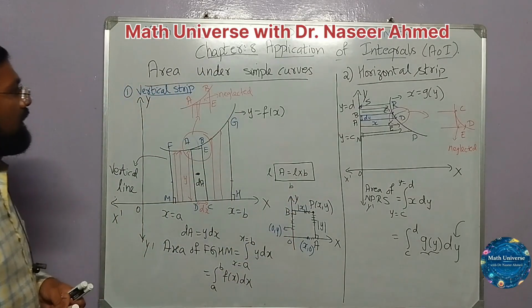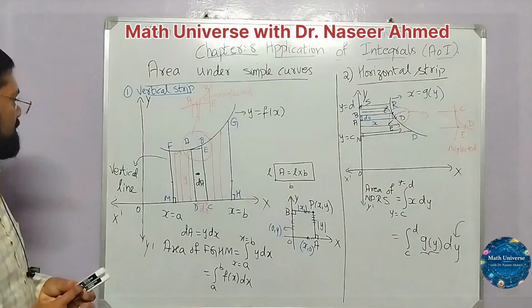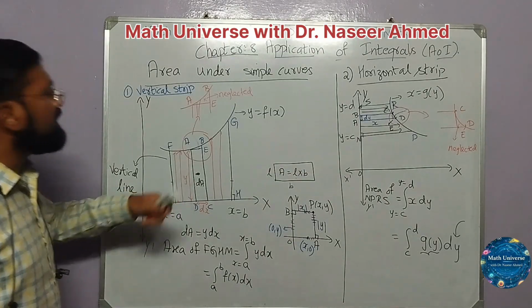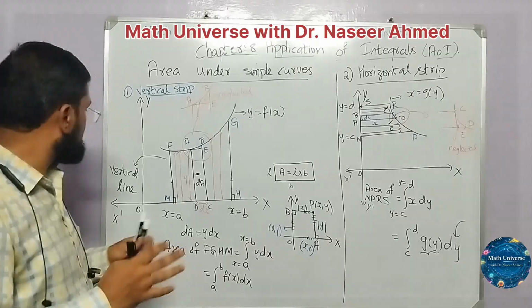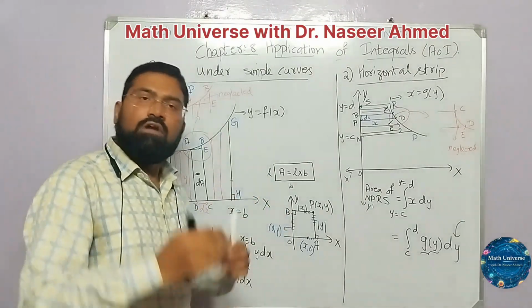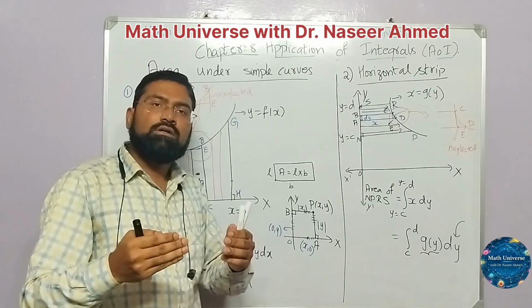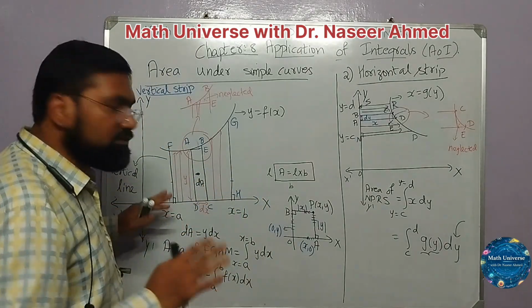Now as soon as I have spoken about this, one thing is very sure, the student's doubt will be: sir, be it the vertical strip or horizontal strip, you have confined yourself to the first quadrant. Yes, my dear student, I have confined myself to the first quadrant. So I will take 2 more cases, where we are going to discuss the second, third and fourth quadrants.